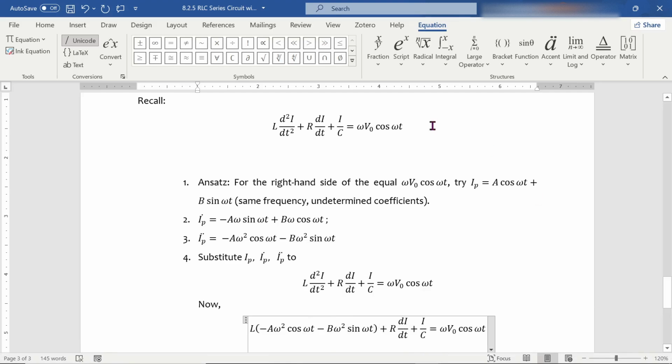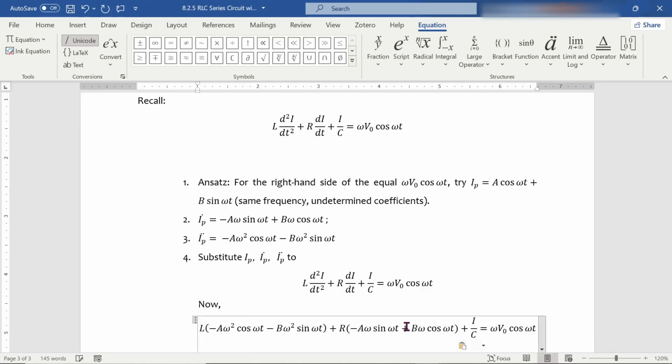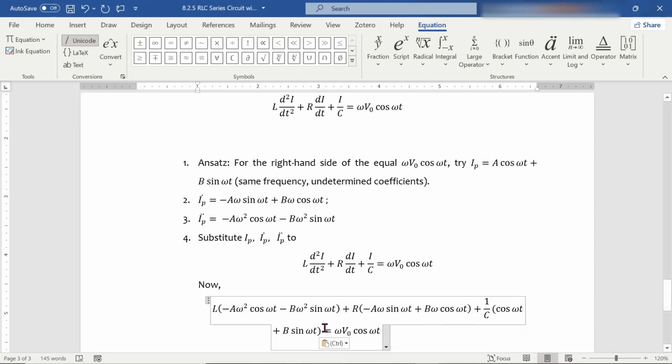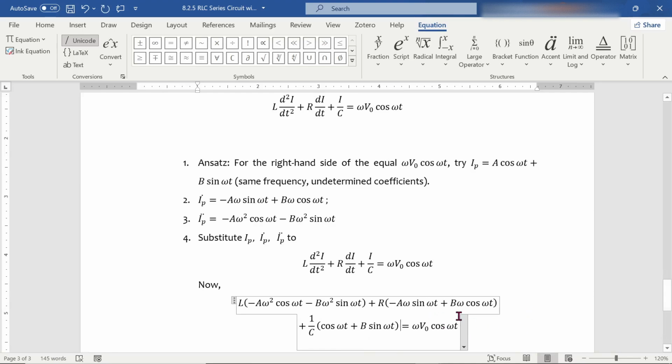And then R times the first derivative, so we copy this, R times that quantity, and then plus 1 over C times I. What is our I? This is our ansatz. So we copy this and substitute it into our equation. Of course, this is equal to omega times V naught cosine of omega t.